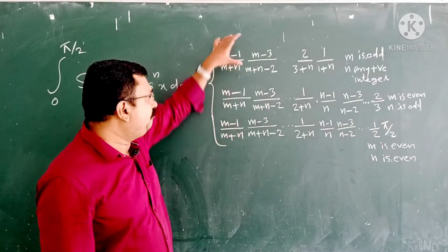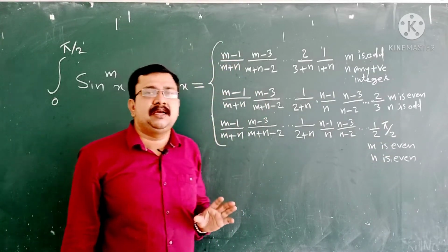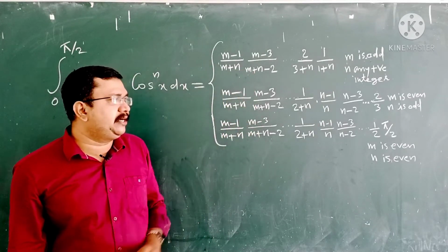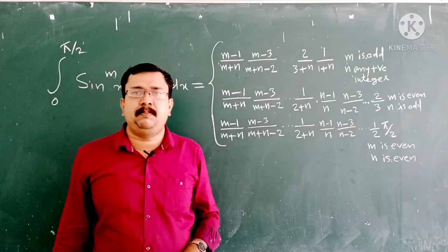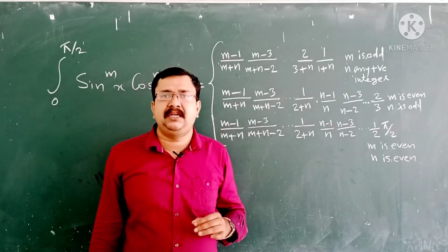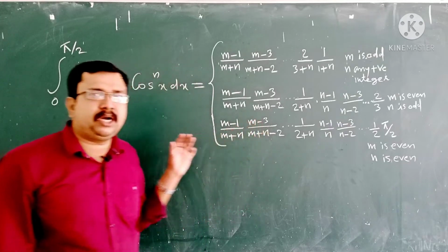So three cases are there: first one, second and third. Now we can do some problems based on this reduction formula. First you may write this reduction formula in your notebook.